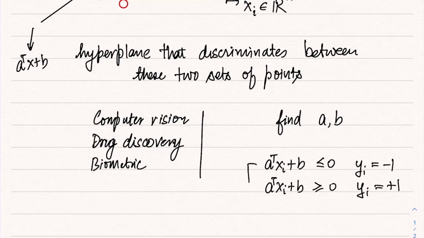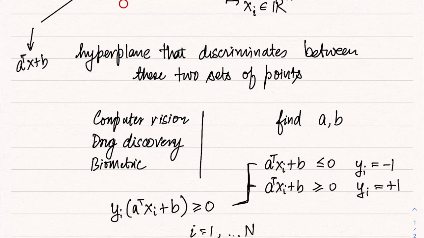Compactly we can write these constraints as yi times (A transpose xi plus b) is greater than or equal to 0, and this holds for i equal to 1 to N, where capital N is the number of observations.